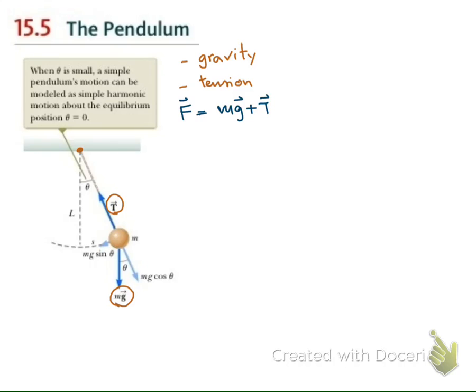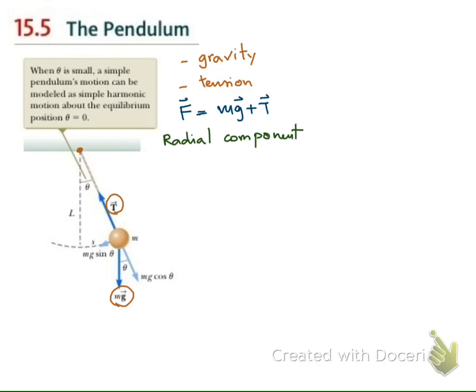If we look at the radial component first, you can see that the radial component of F must be 0 because the string does not break, and the mass M stays attached to the string all the time.